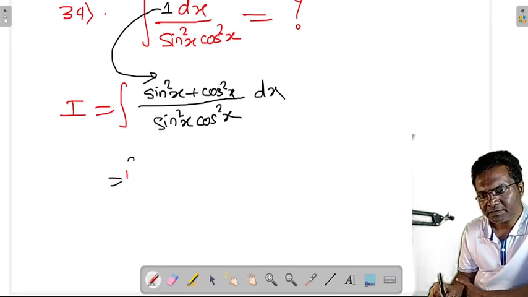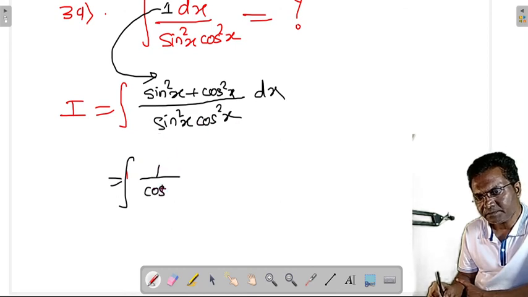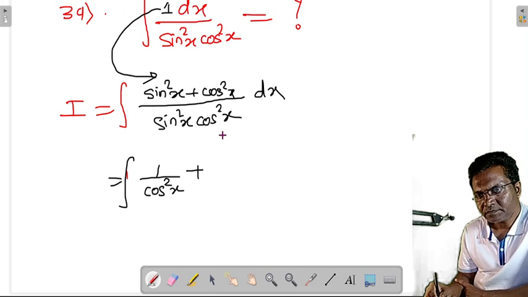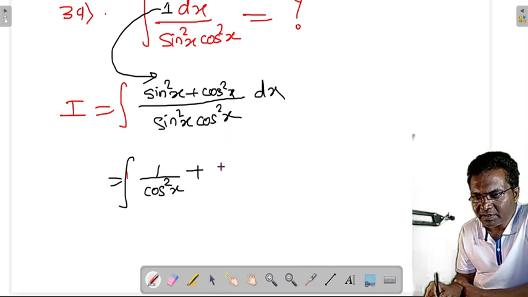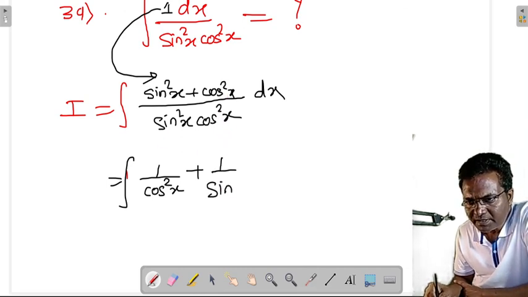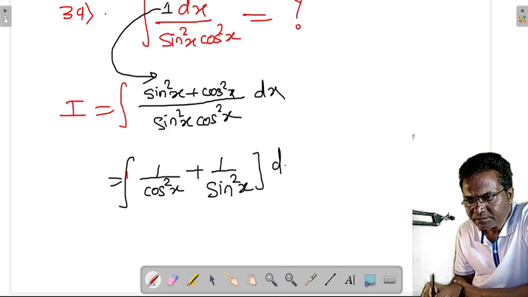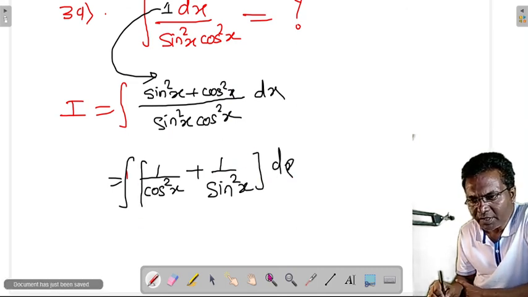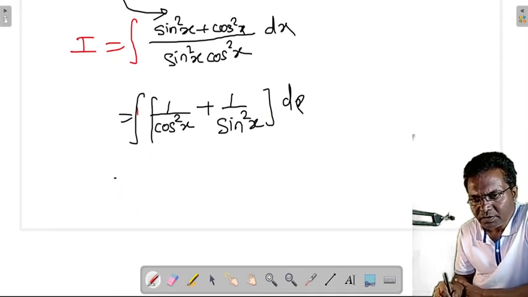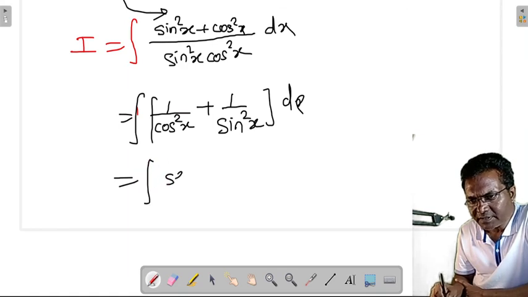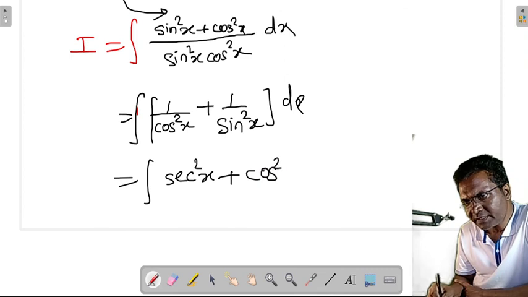Now separate. Sine square by this term means you are left with 1 by cos square. Cos square by this term, cos square cancels, you are left with 1 by sine square dx. Okay. 1 by cos square is secant square x. 1 by sine square is cosec square x dx.